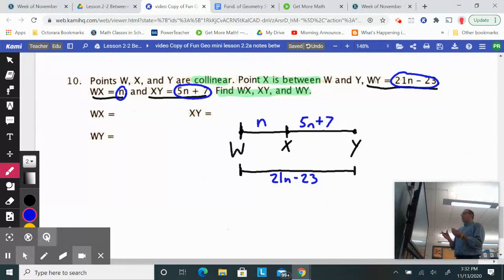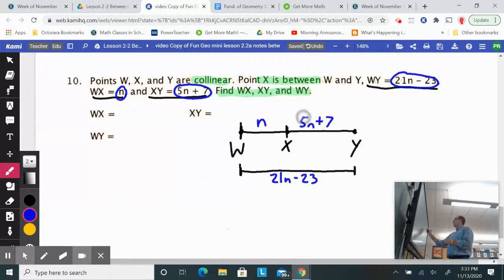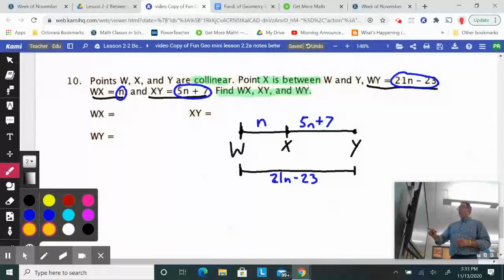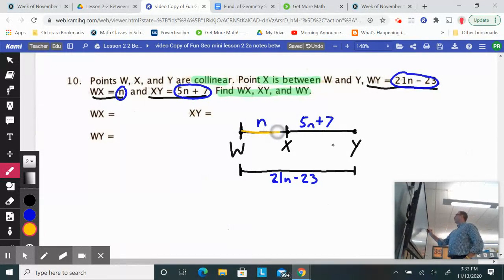From w to x was n. From x to y was 5n plus 7. And the w to y was 21n minus 23. We have to notice that if we add these two parts, the n and the 5n plus 7, it should give us the total of 21n minus 23.